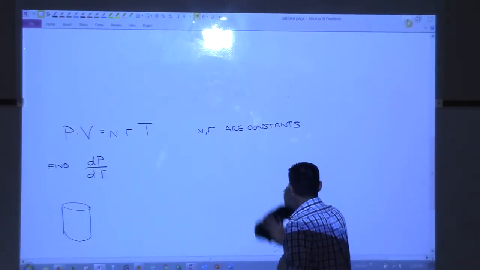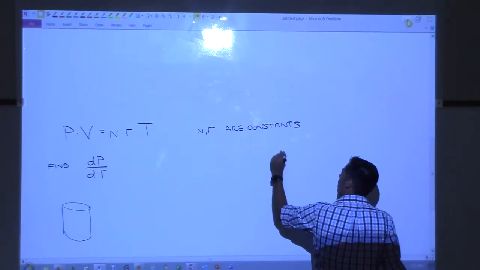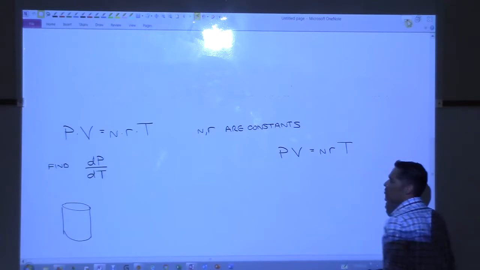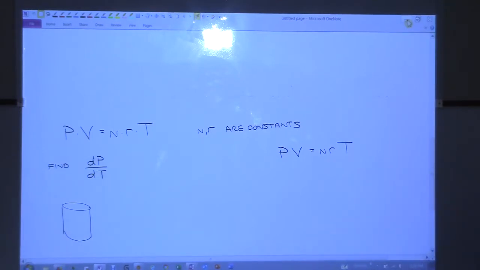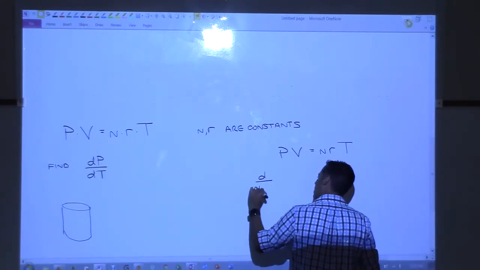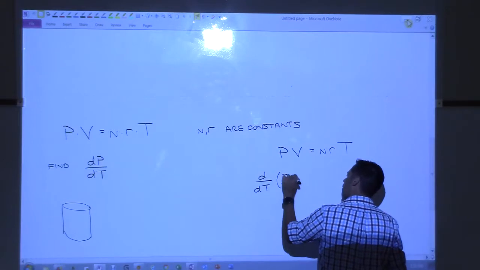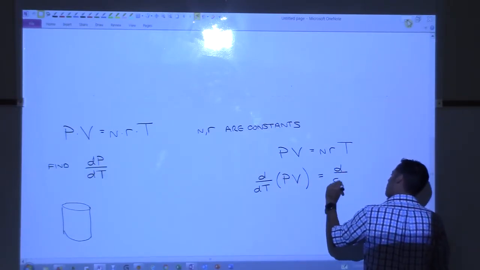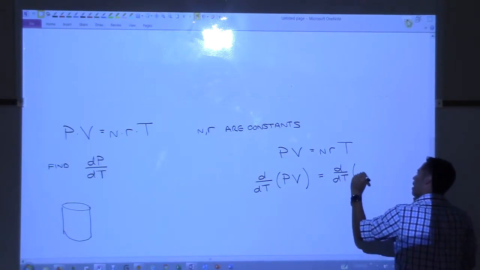We have an equation, and I'm going to now take the derivative on both sides of this equation with respect to what? Temperature. Capital T, temperature, right? So I'm going to take the derivative with respect to capital T of the left side equals the derivative with respect to T of the right side.